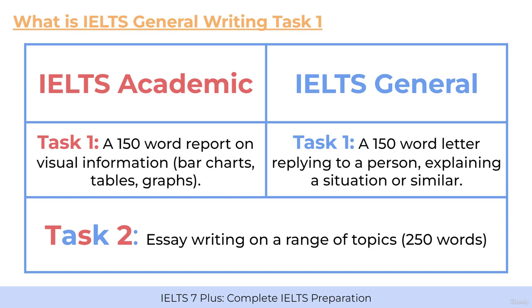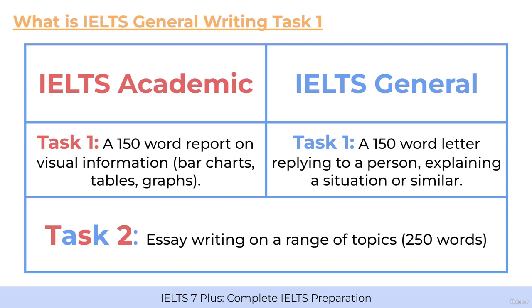So when it comes to writing, the only difference between the tests is Task 1, whereas for Task 2, it's basically essay writing on a range of topics. 250 words. So this is a longer piece of writing than Task 1. You might be writing a balanced argument, exploring the advantages and disadvantages of something, or possibly talking about a problem and giving solutions.